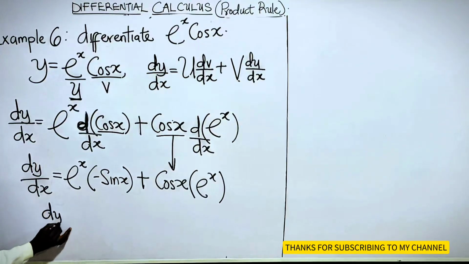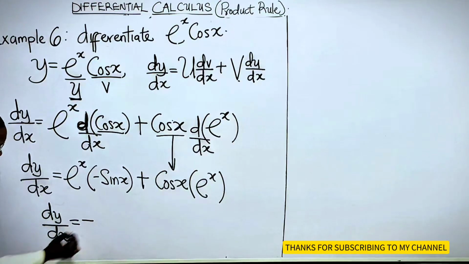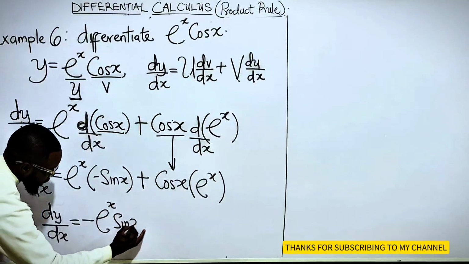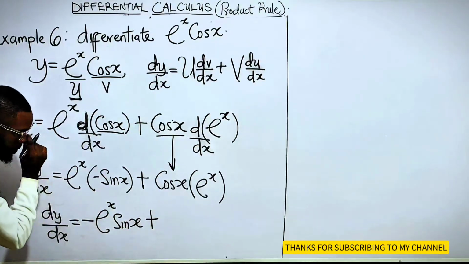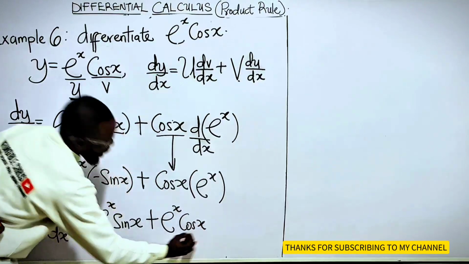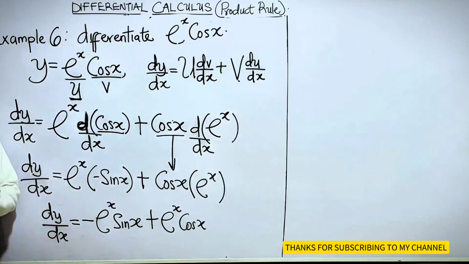So we have dy over dx. That will give us this minus sign, so we start with the minus sign, right? So we have minus e raised to the power x sine x plus e raised to the power x cos x, right? We can rearrange this. This can be your final answer, but it's okay that you factorize.